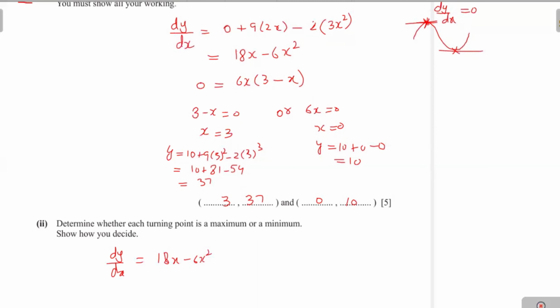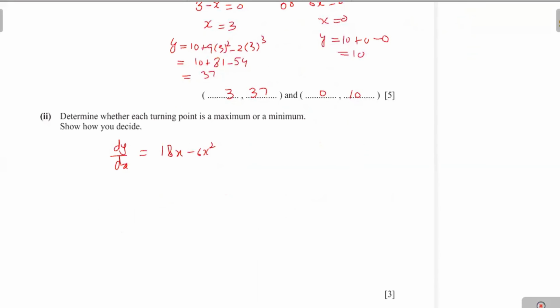When we take the second derivative, this becomes d squared y over dx squared, and the derivative of x is 1. Therefore, 18 into 1 minus the derivative of 6x squared, which will be 6 into 2x, and this will be equal to 18 minus 12x.